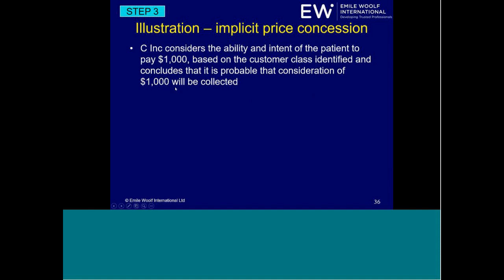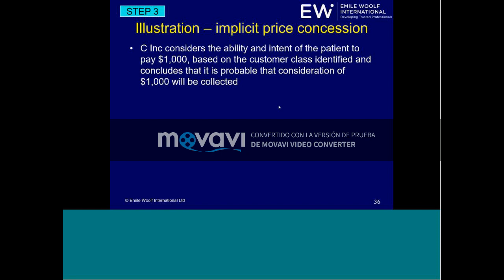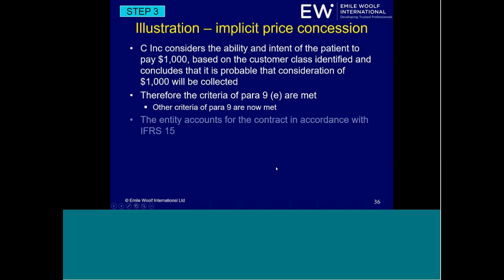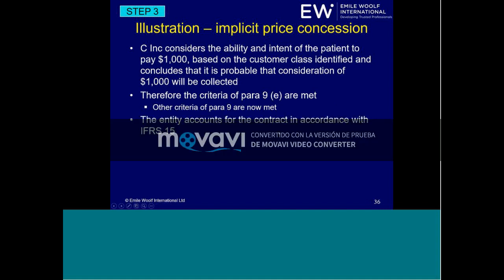For the contract to exist, the fifth criterion is probable collection of consideration. So therefore paragraph 9E, the fifth item, is now met. The paragraph 9 criteria are now also met, and the entity therefore accounts for that contract with a price of 1,000 in accordance with IFRS 15.